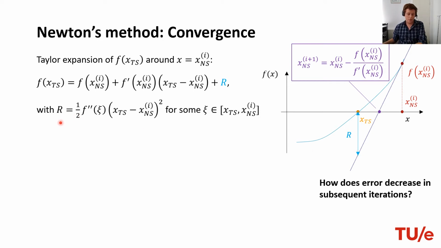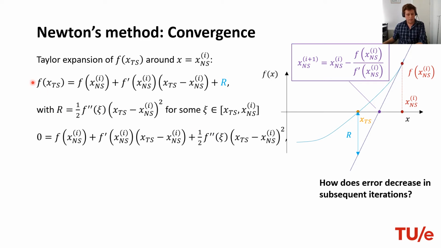This remainder term is proportional to the distance between the true solution and the current numerical solution squared, and also proportional to the second derivative of f evaluated somewhere between x true and the numerical solution in this iteration.